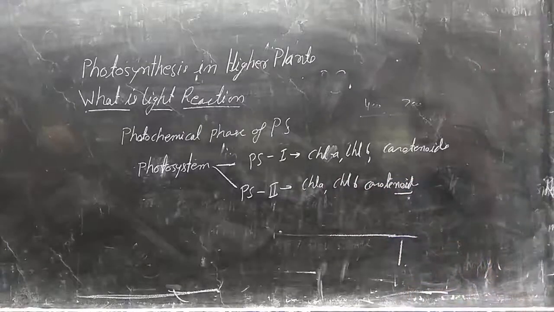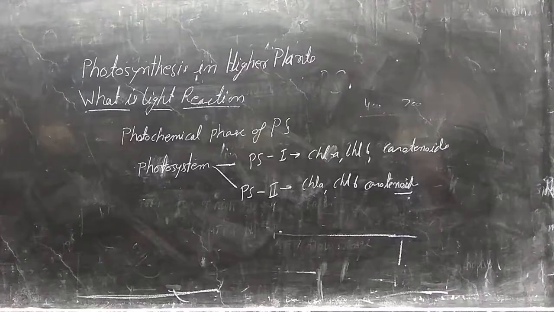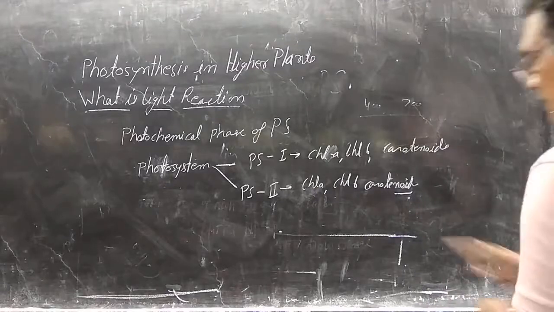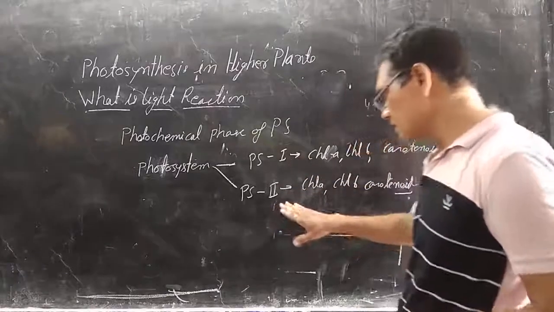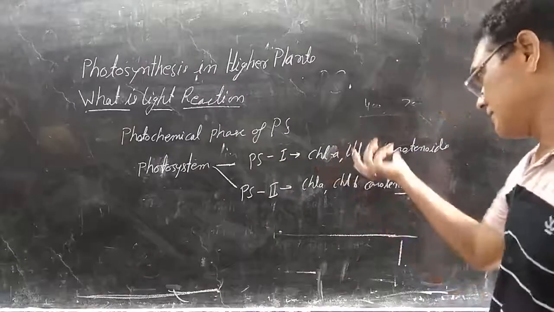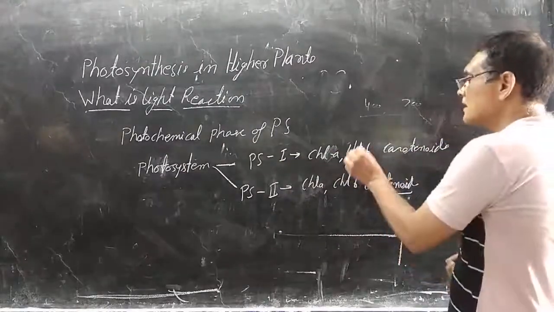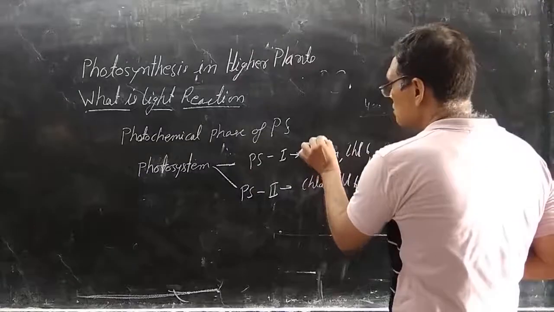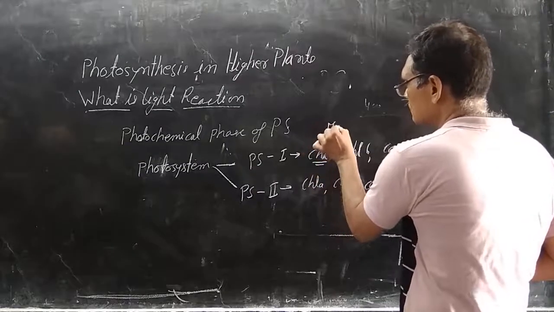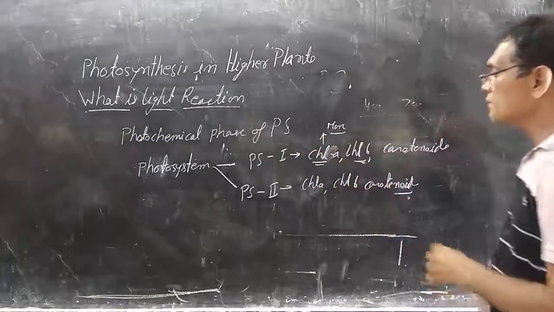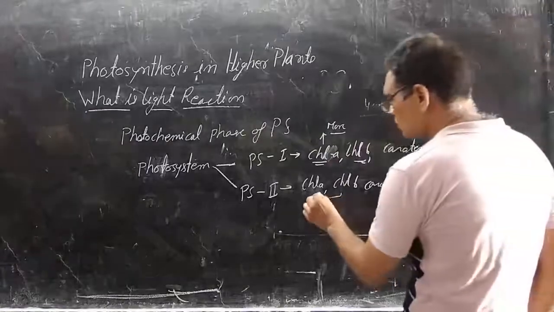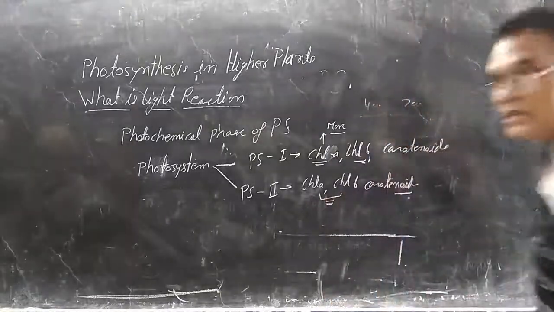These are the different pigments present inside photosystem first and photosystem second. But what is the difference? Here the chlorophyll A molecules are more as compared to chlorophyll B, and here the amounts of chlorophyll A and chlorophyll B are equal.